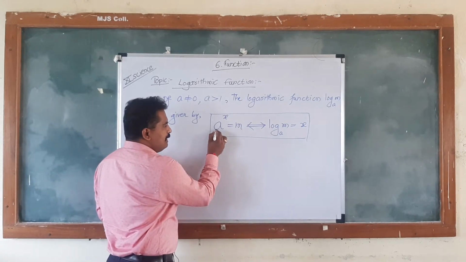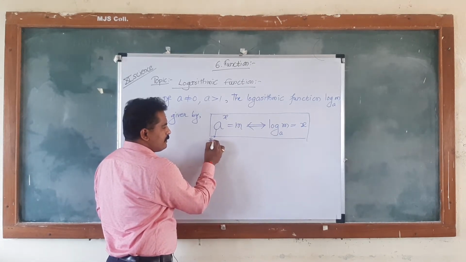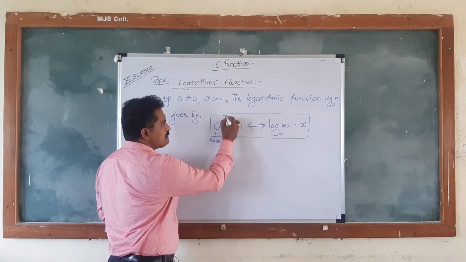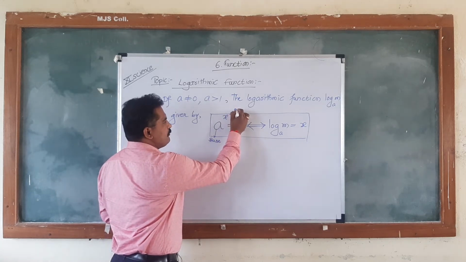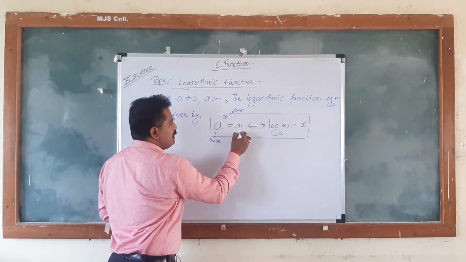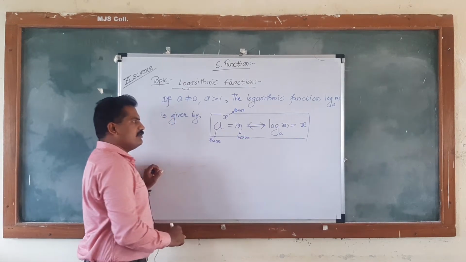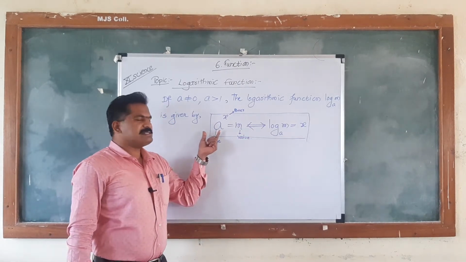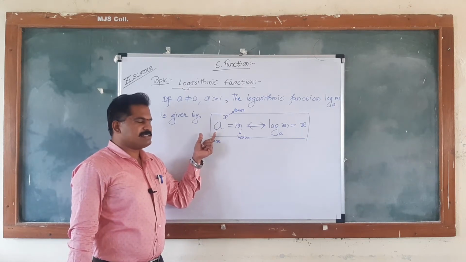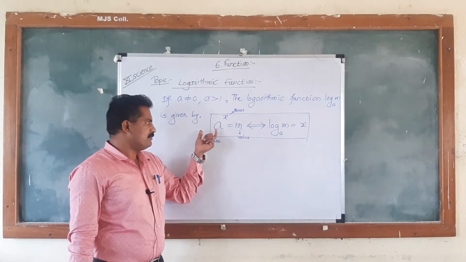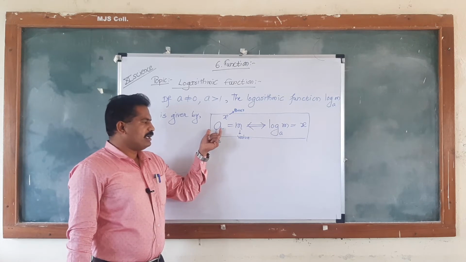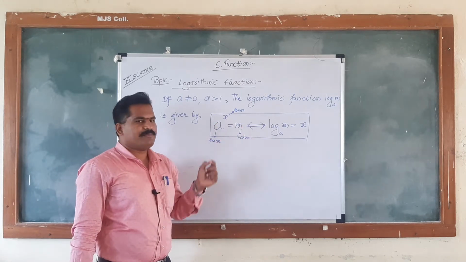Here a is the base, x is the power, and m is the value. We know that it is an exponential function which we studied in a previous lecture. Therefore, a raised to x is equal to m.